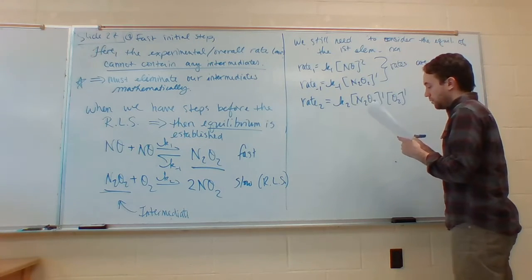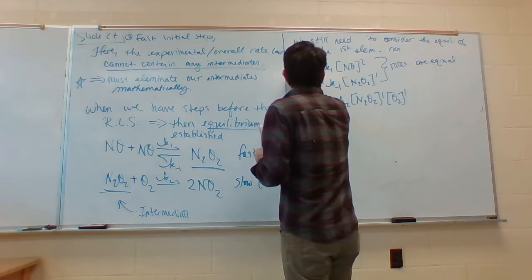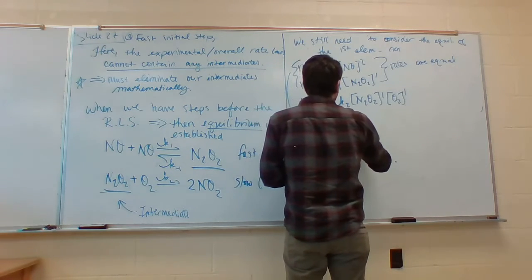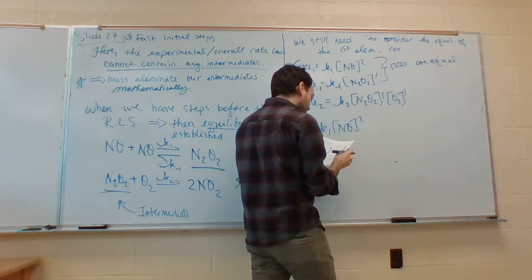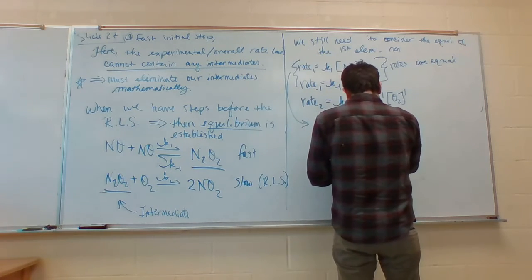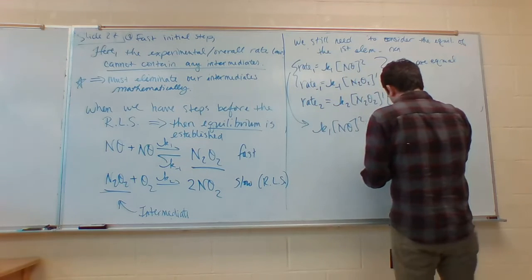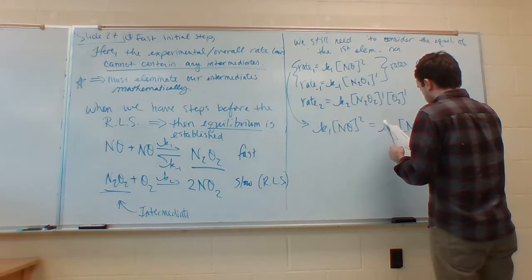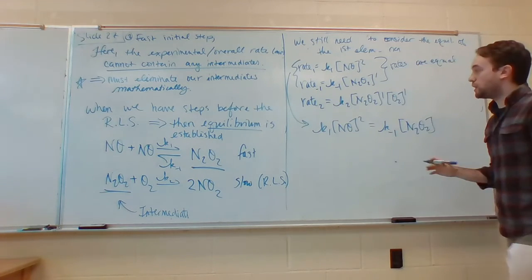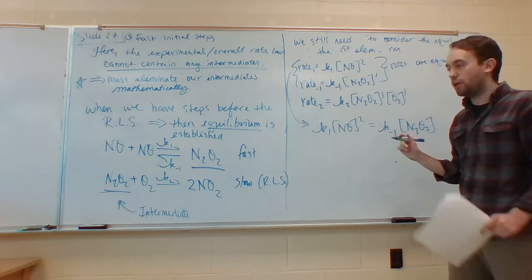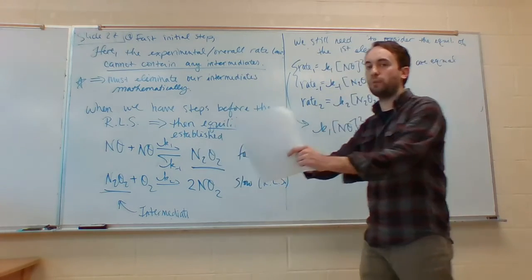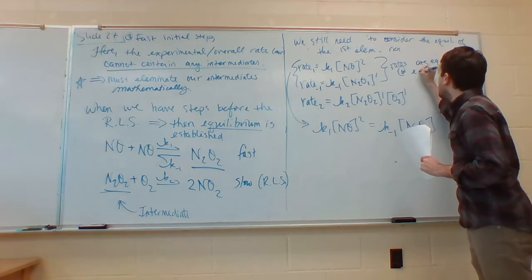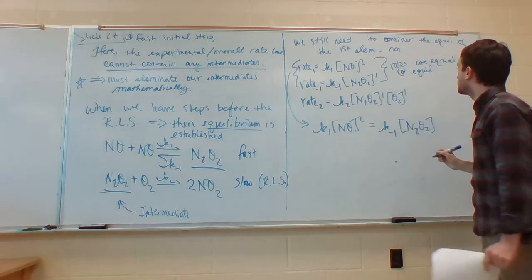So if they're equal, then I can take these 2 and say, okay, I have K1 times my concentration of NO squared, and that's going to be equal to K -1 times my N2O2. And that's because they are in equilibrium with each other. My rate going forward is equal to my rate going backward, okay? So they're equal at equilibrium, all right?